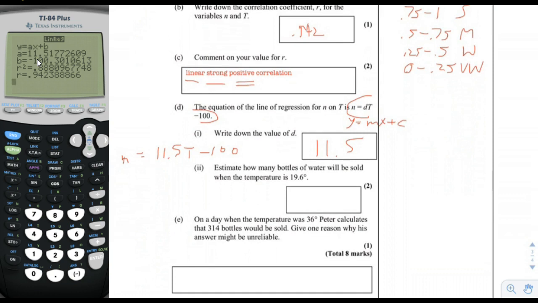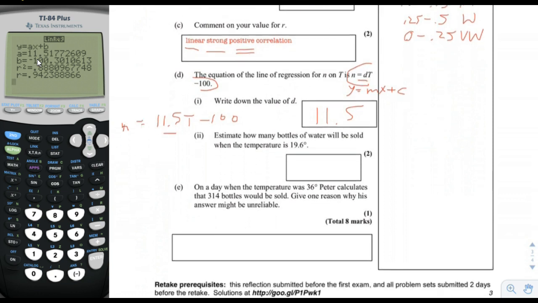11.5. Estimate how many bottles of water will be sold when the temperature is 19.6. Okay, so just as in the other problem, there's a couple ways to do this. One is you could write n equals 11.5 times 19.6 minus 100, and then you could just multiply it out in your calculator.